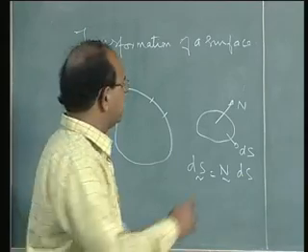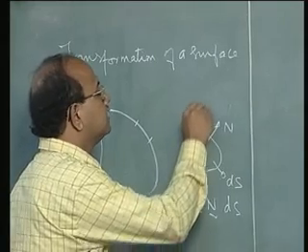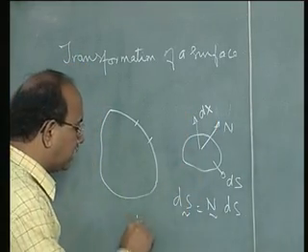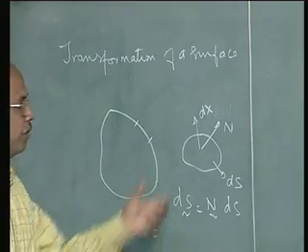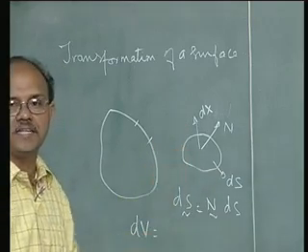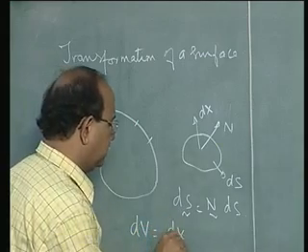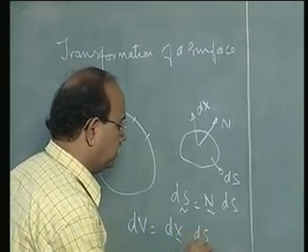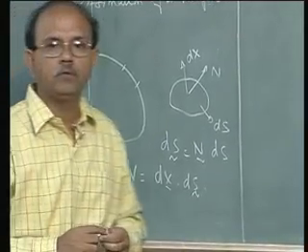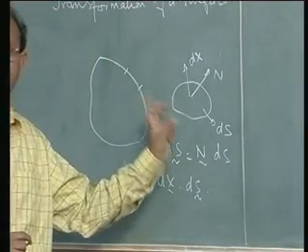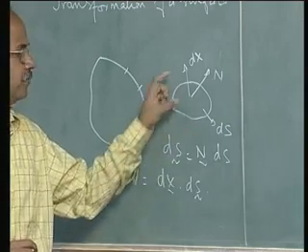Now let us define dX such that we can calculate the volume dV formed by dS and this dX. In other words, dX dot dS gives the volume of a small infinitesimal body formed with dS and dX.